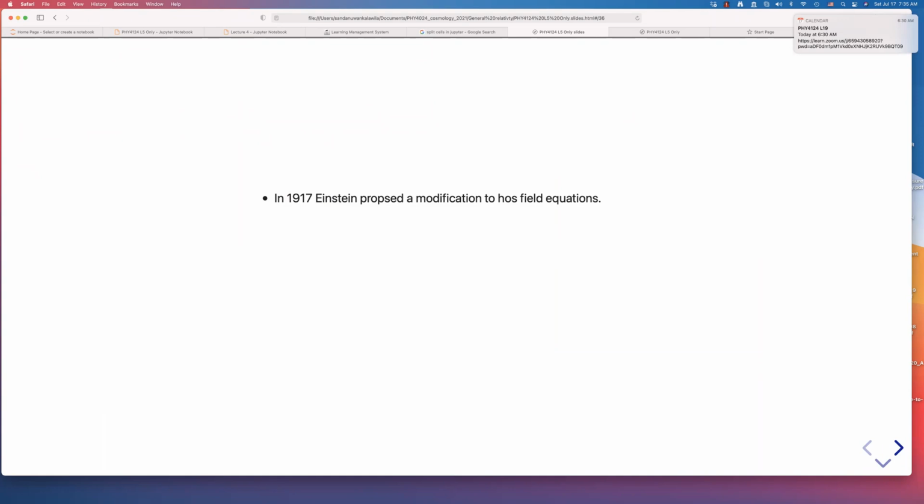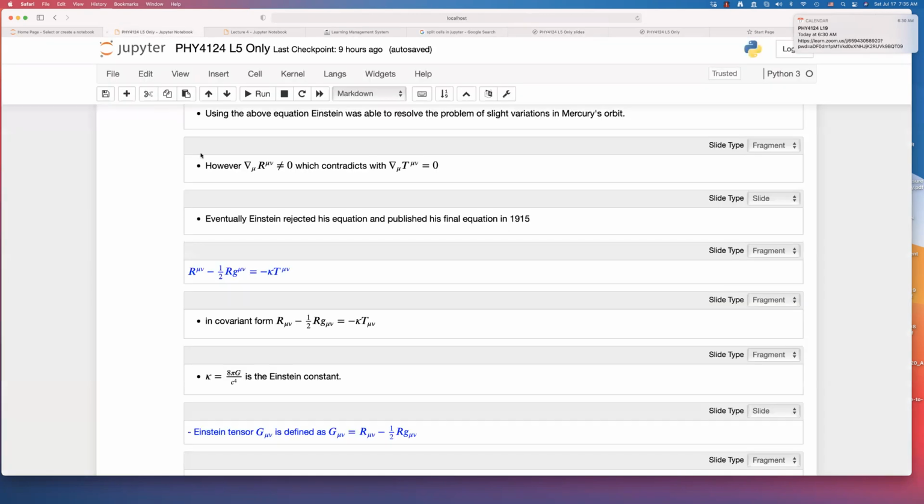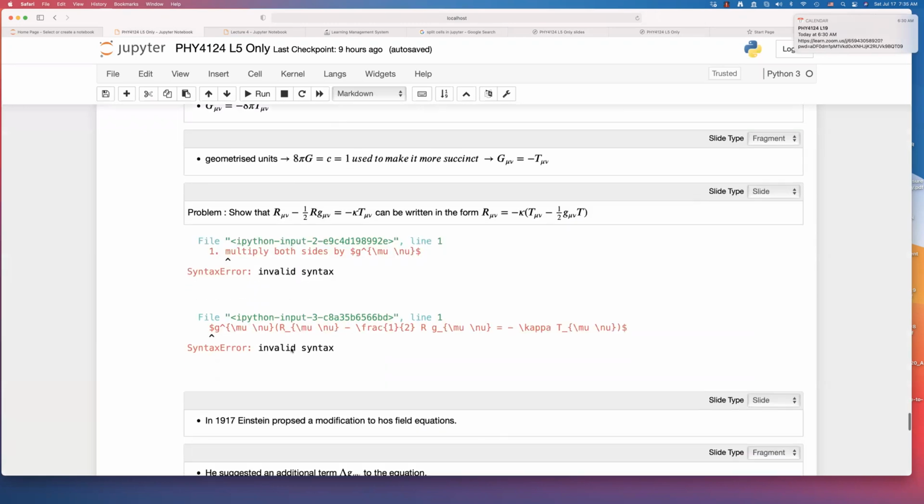So in 1917, which means after 2 years, Einstein proposed a modification to his field equations, right? So he suggested an additional term. There's a small mistake right here, so let me correct it.